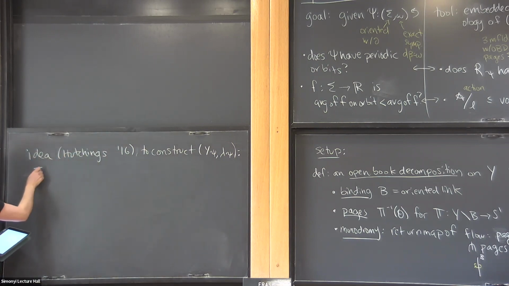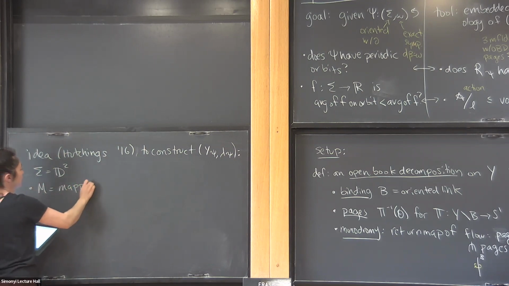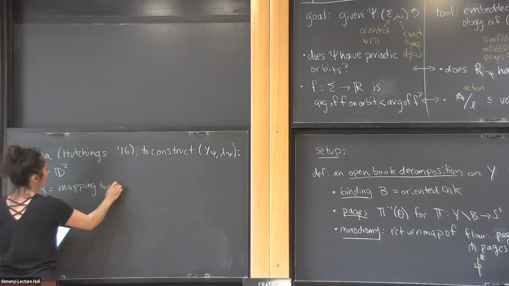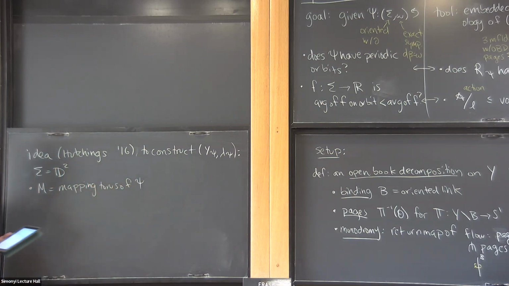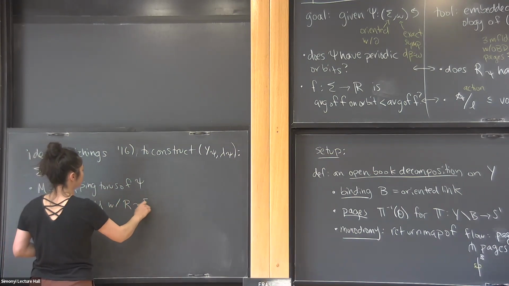In this case, sigma is a disk, and we want to construct the mapping torus of psi. And then we want to build a contact form on M so that the Reeb direction is parallel to the 0,1 direction.